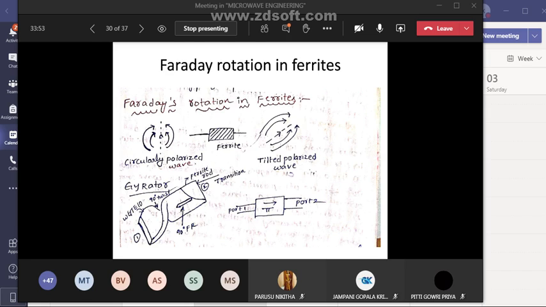From port 1 to port 2 it has a phase shift of 180 degrees. From port 2 to port 1 there is no phase shift.